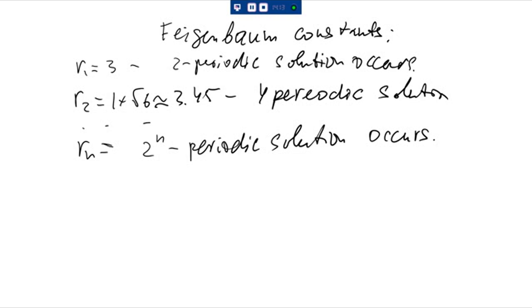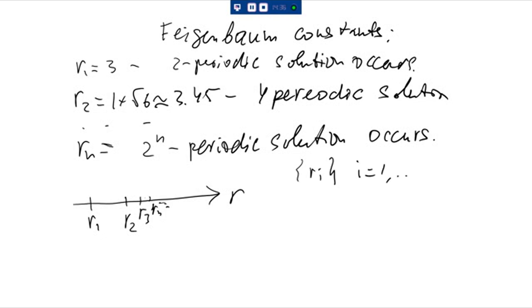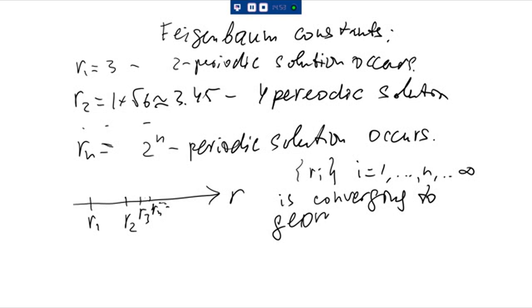And we can put them like this. This is R1, this is R2, this is R3, this will be R4, and so on. So this sequence of Ri's, for i equal to 1 and so on to infinity, is converging to a geometric progression.